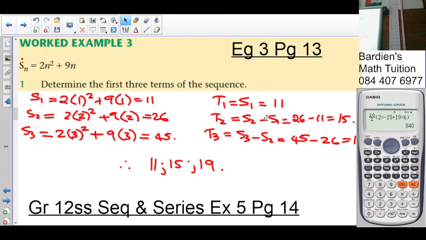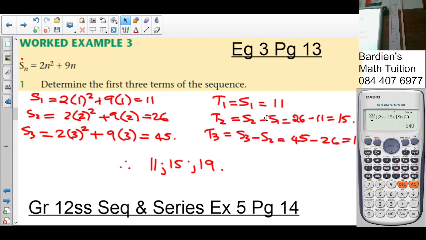You guys understand? Yes. Run through it again. We are given the general term for the sum of n terms. The question says determine the first three terms of the sequence. When you are given the general formula for the sum of n terms, we work out S1, S2, S3. We know that S1 is equal to T1, which is equal to your a value.